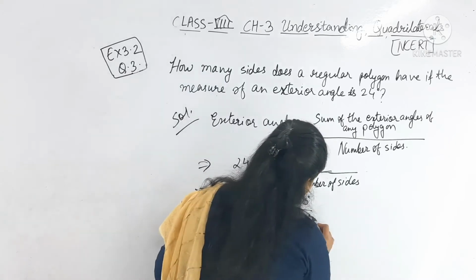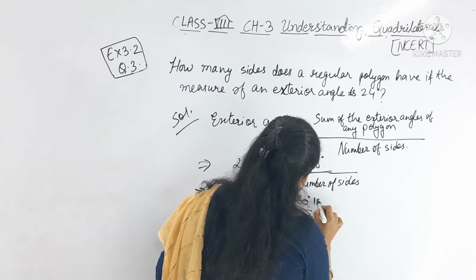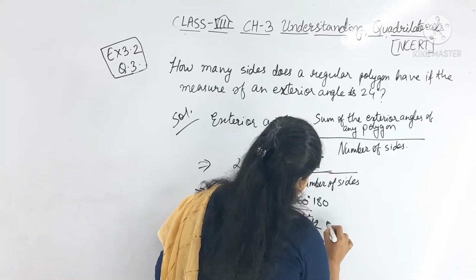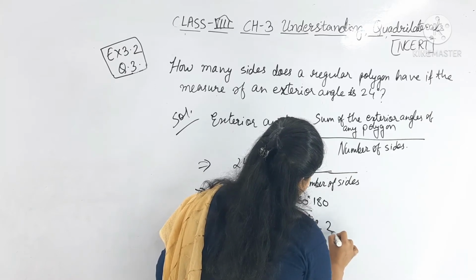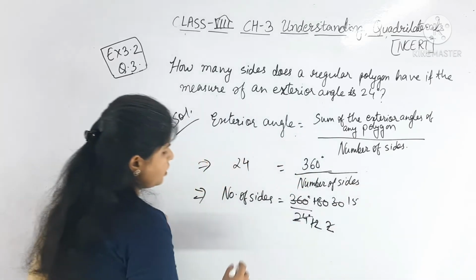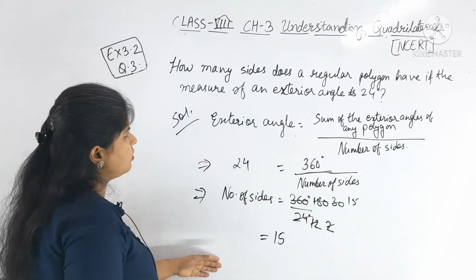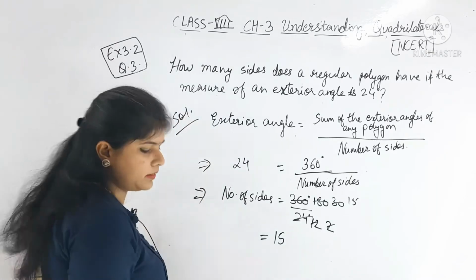By 2 I will cancel here. 2 1s are 2, 2 6s are 12, 2 8s are 16, and so on. Okay, so number of sides is 15.